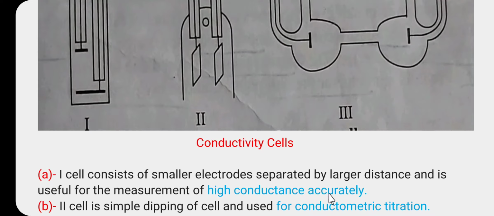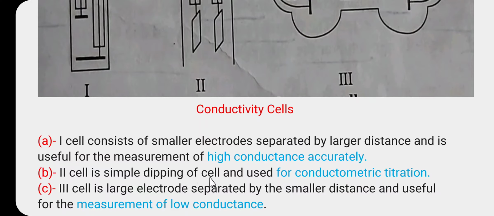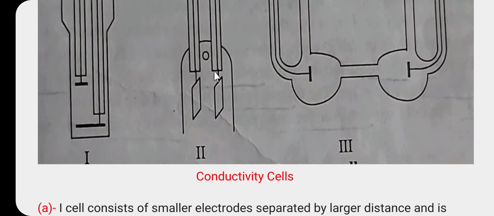So if we have to measure high conductance, we use conductivity cell number 1. The second one is a simple dipping type of cell. That means the solution is taken in the beaker, and the conductivity cell is dipped in the beaker.